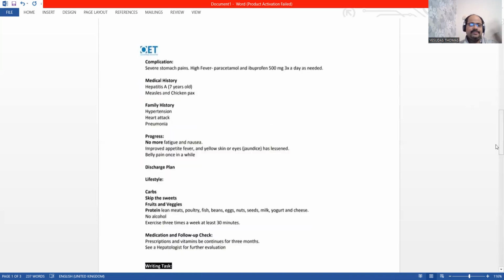Now, when we started the medicines, we saw some complications there. Severe stomach pain and high fever.